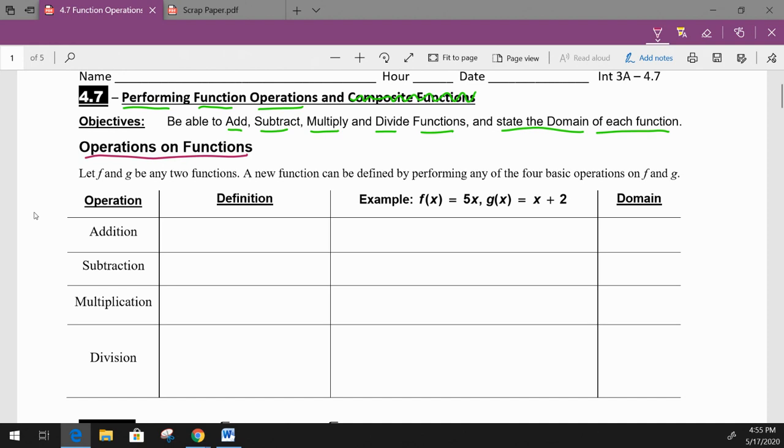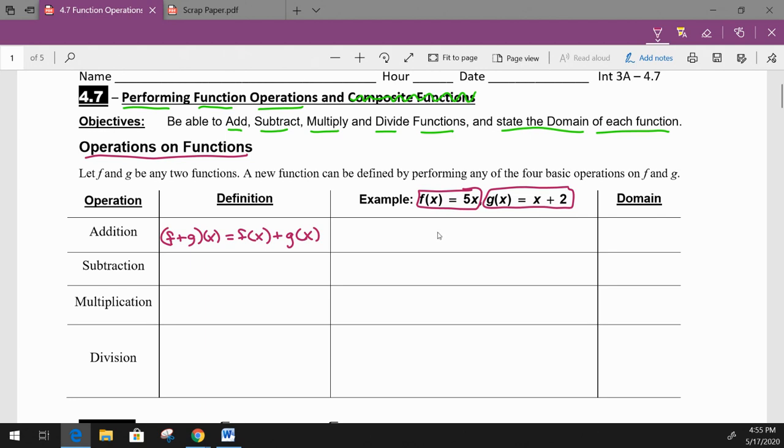So the addition operation basically looks like this. If you see f plus g in parentheses with an x, what that means is to take the f of x function and the g of x function and add them together. So over here, I have an f of x function and a g of x function. They are simple linear functions, but they are going to be a little bit more complicated in the later examples.